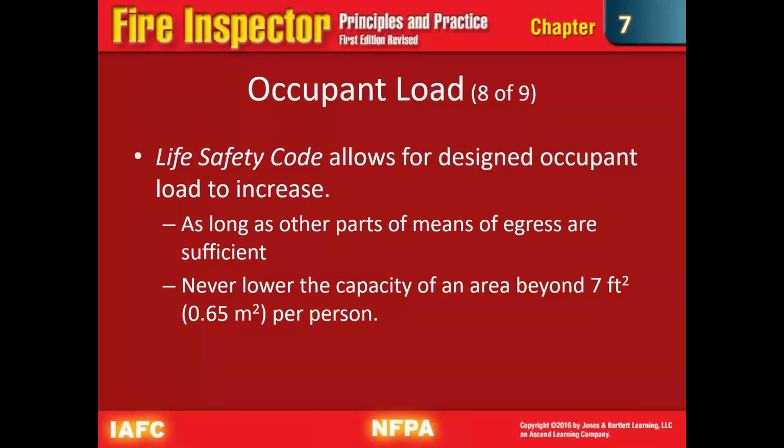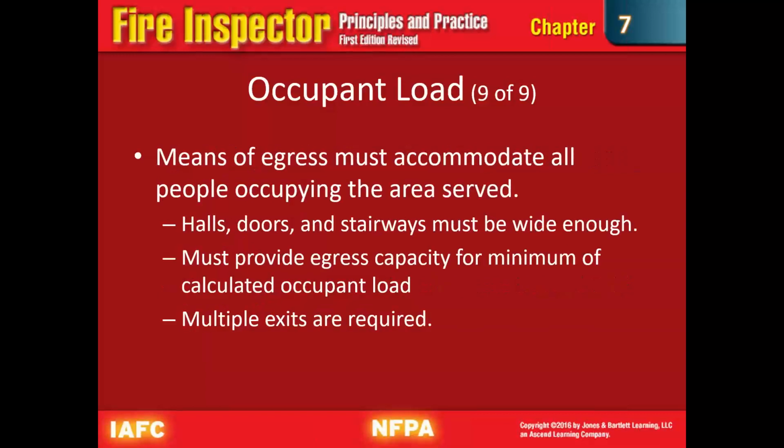The Life Safety Code allows the designated occupant load to increase as long as the other parts of the means of egress are sufficient. But you never load the capacity of any area beyond 7 square feet per person. The means of egress must accommodate all people occupying the area served.